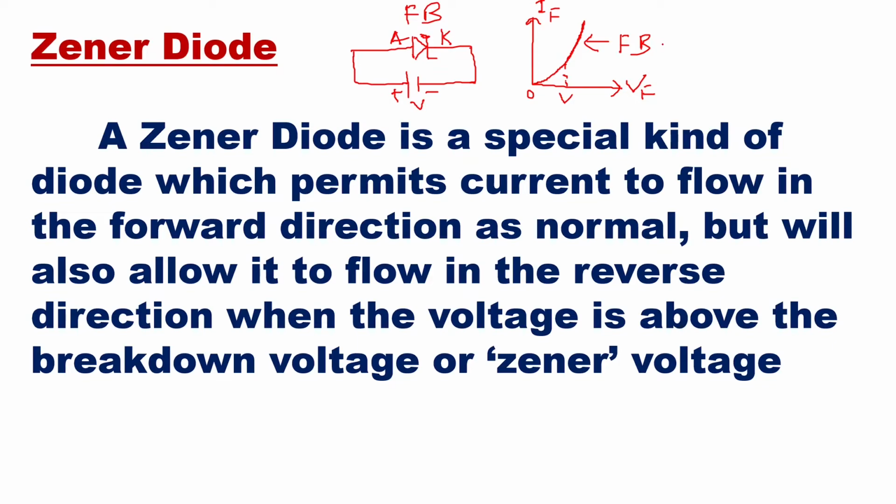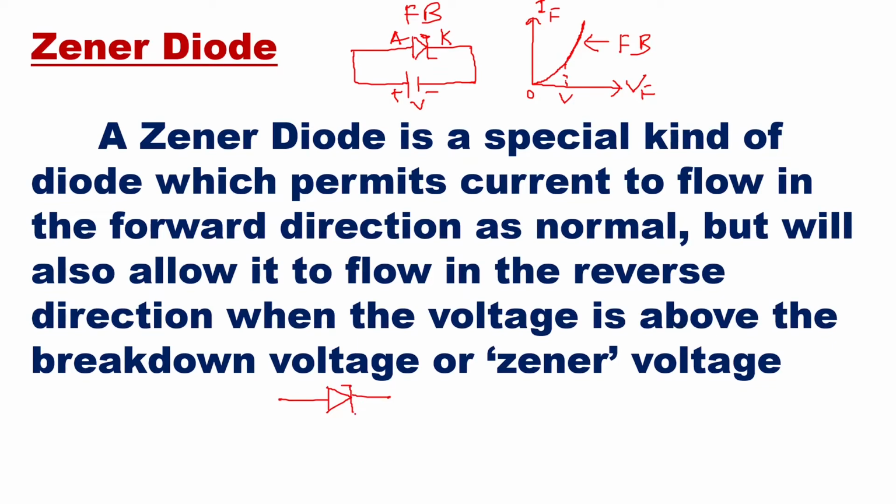Now, a Zener diode is a special kind of diode which permits current to flow in the forward direction as normal. It works as a normal diode in forward bias condition, but it has a very important feature when it is reverse biased. How does the reverse bias condition look? Here you have a diode, which we'll take as a Zener diode.